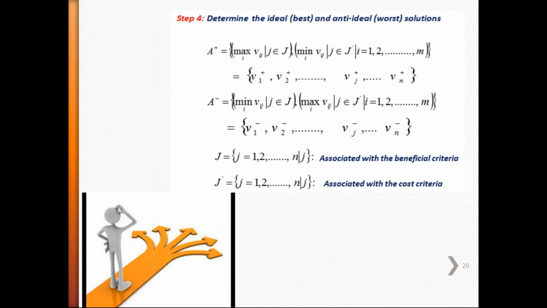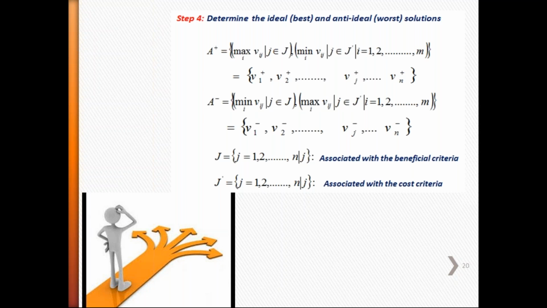And for the anti-ideal solution, it is just the reverse: minimum of Vij when j belongs to the set of benefit criteria, because the anti-ideal solution minimizes benefit criteria, and maximum of Vij when small j belongs to the set of cost criteria. Why maximum? Because the anti-ideal solution maximizes cost criteria.